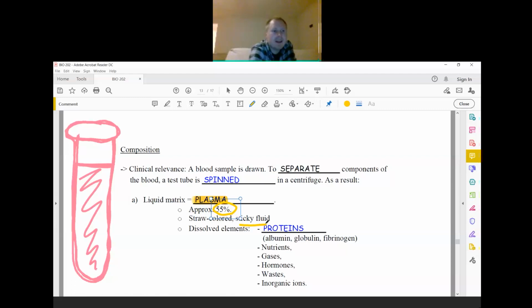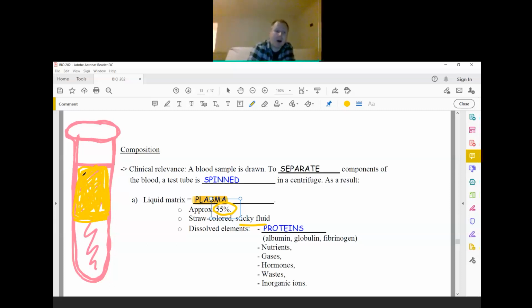But when we separate the blood into its components in a test tube by spinning it, plasma is the component that's going to be right at the top of this test tube. So about 55% of the contents of this test tube is going to be plasma.